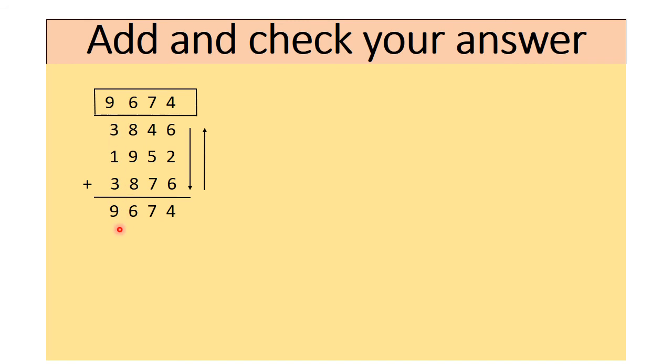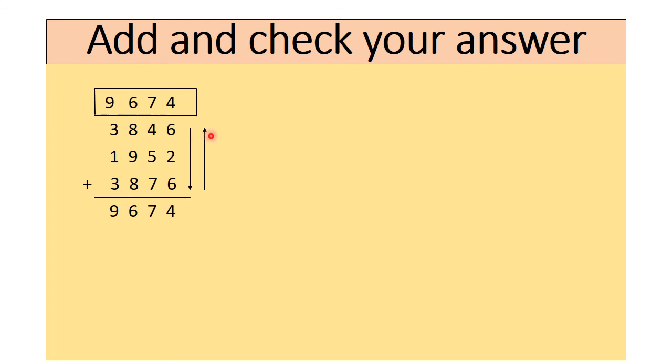Now since you have already added the addends and got the sum or total, the time comes when you will check your answer. For checking the answer of the addition you will have to put another arrow which is going upside.